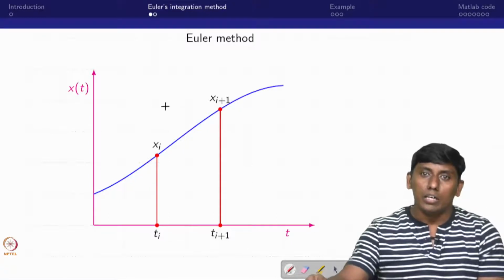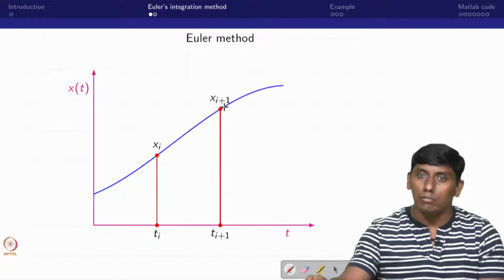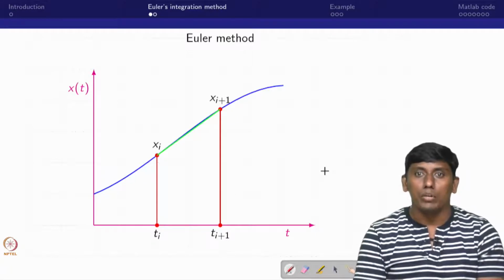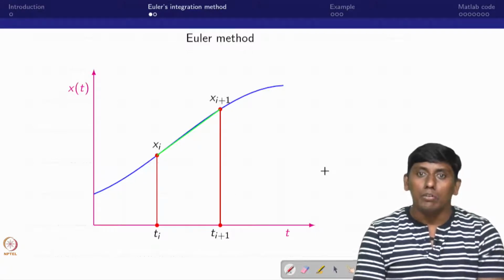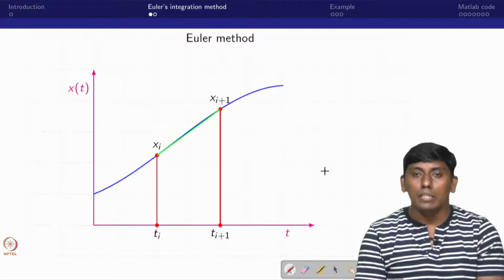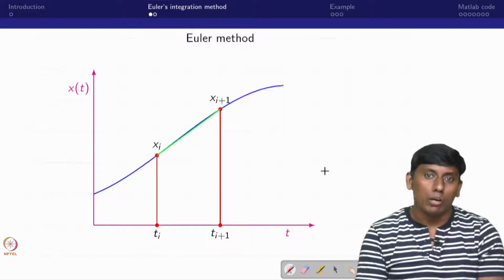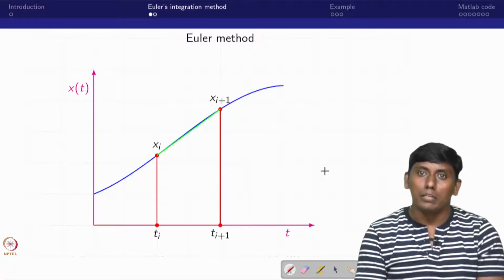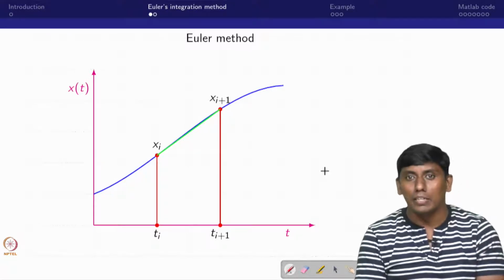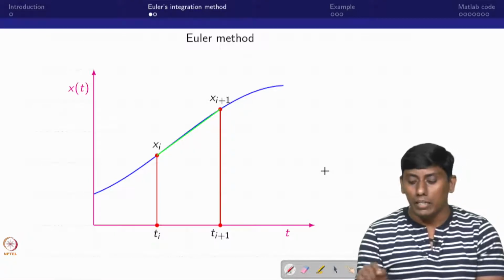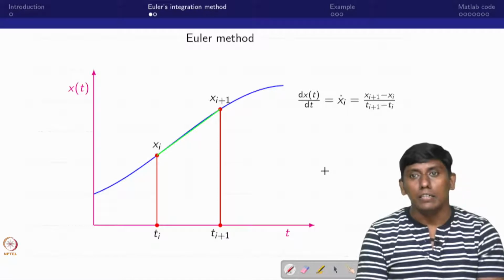Although the curve is somewhat curved and not a straight line, I am trying to make a straight line, shown in green, connecting x i and x i plus 1. If we see the straight line, what would be the slope? The slope would be x dot of i, which we can write as x i plus 1 minus x i, whole divided by t i plus 1 minus t i.